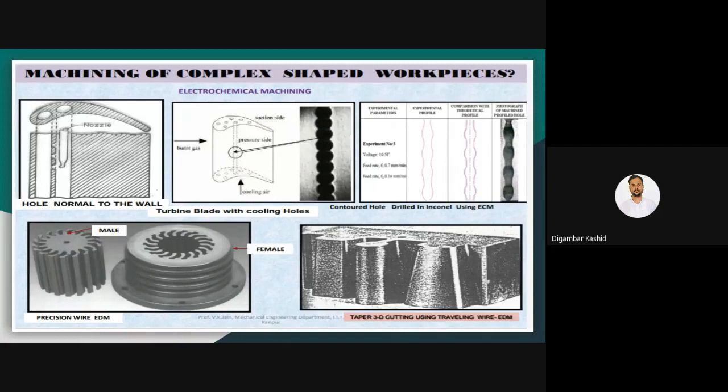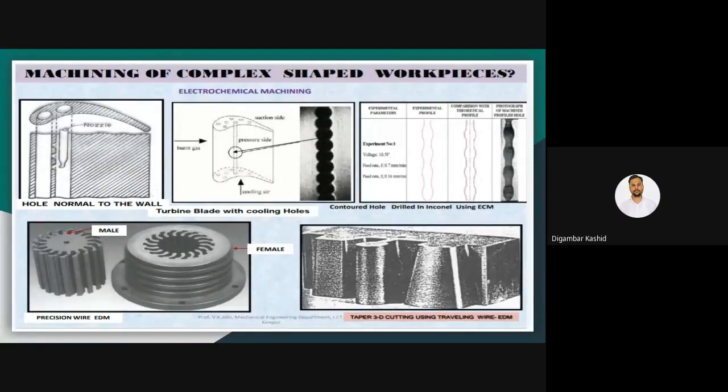To the best of my understanding, there is no conventional machining method which can drill a hole like this in such a component. Only electrochemical machining, which is an advanced or non-conventional machining process, can fulfill your requirement.